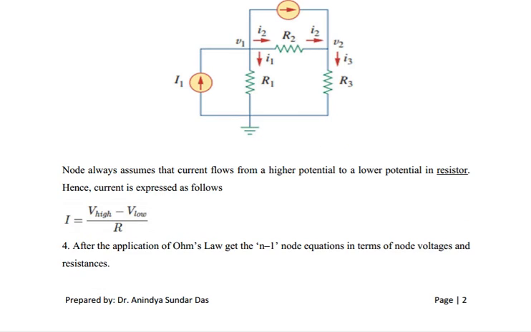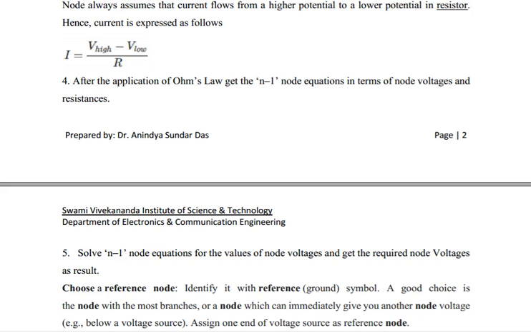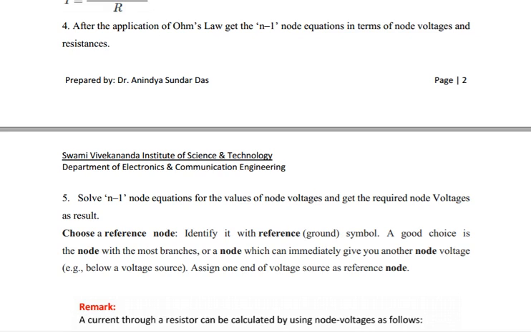After applying Ohm's law, we get the n minus 1 equations in terms of node voltages and resistances. Then we solve the n minus 1 nodal equations to find the values of the node voltages.